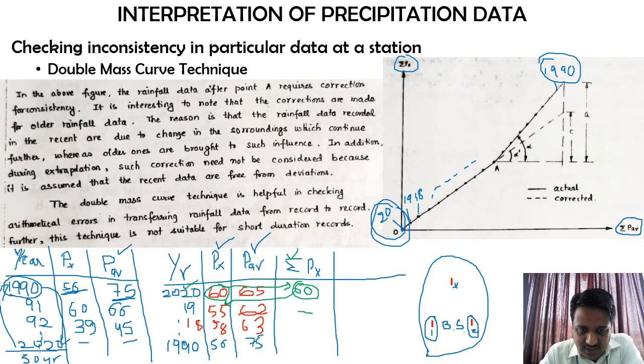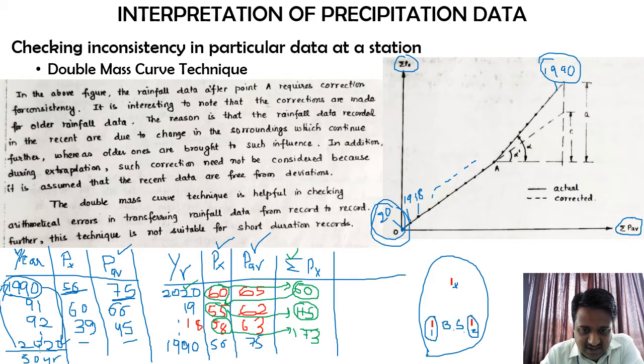So 60 plus 55, that is 115. So the second value is going to be 115. Now for the third value, it is 115 plus the third value in the px column. So 115 plus 58, that is 173. So here we are going to write it as 173.